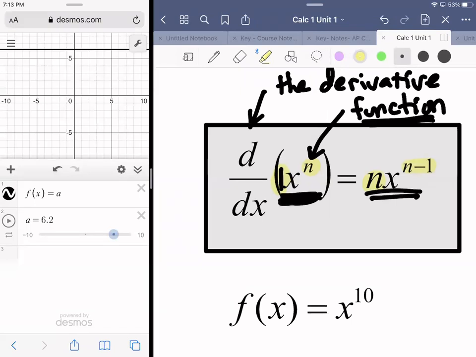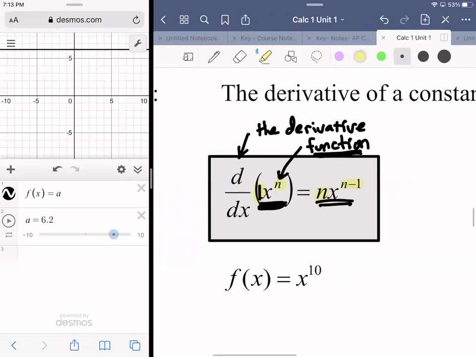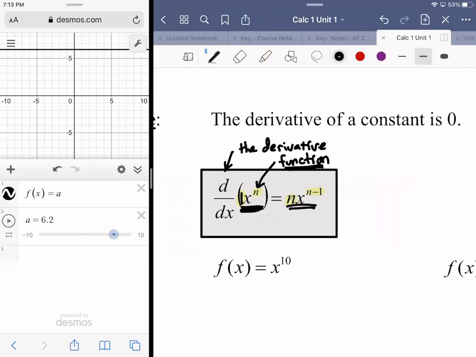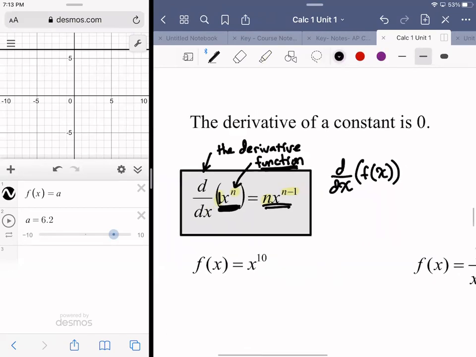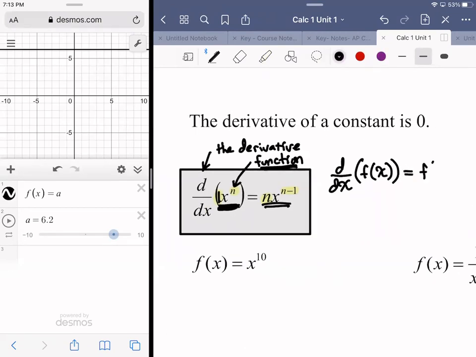It's actually very straightforward. But the notation tells an important story, because if I say d dx parentheses f of x, I'm really saying the same thing that I was saying before when I would say f prime of x. So if I have a function of x and I slap a d dx in front of it, then I'm really saying f prime of x.